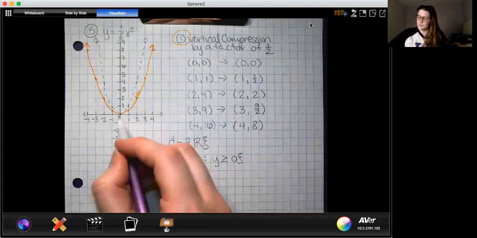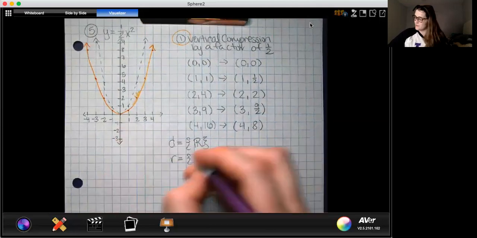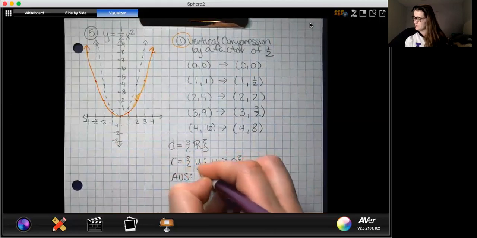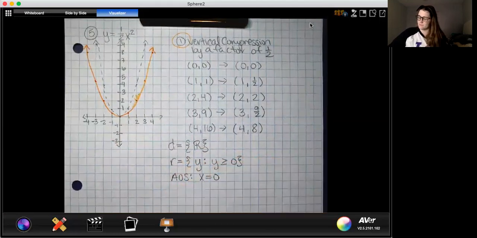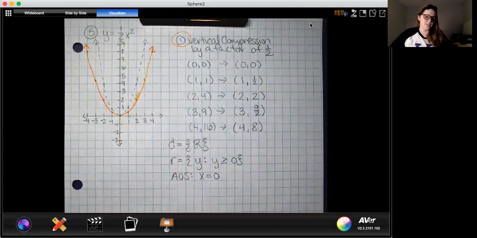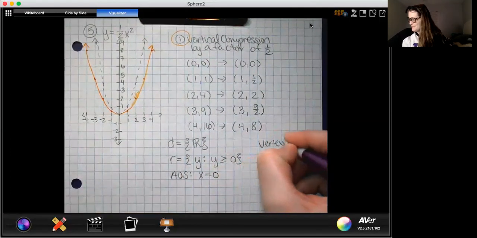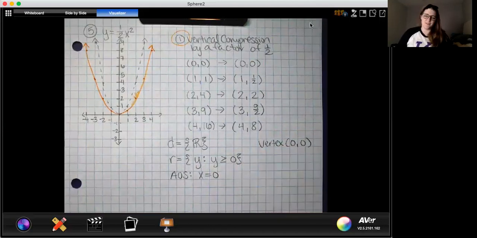And our axis of symmetry still didn't change either. So therefore, axis of symmetry is x equals 0. Oh, and we didn't talk about the vertex. The vertex stayed the same. Vertex is 0, 0. Okay, great job on number 5.